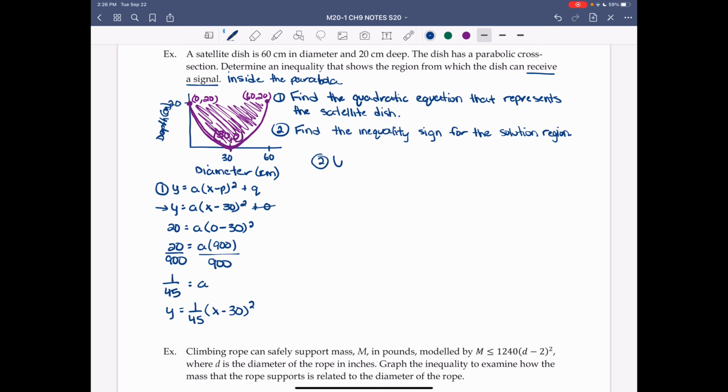So we are going to use a point from the shaded region to determine the inequality sign.